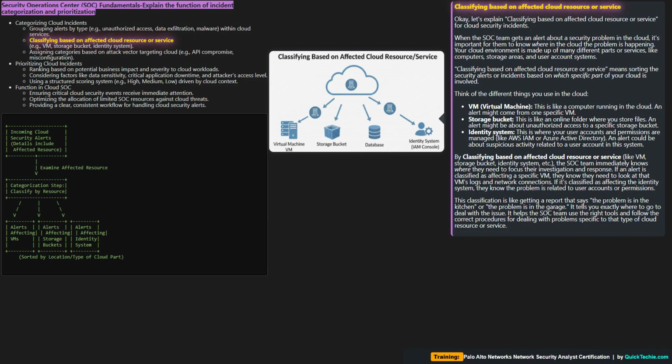If it's classified as affecting the identity system, they know the problem is related to user accounts or permissions. This classification is like getting a report that says the problem is in the kitchen or the problem is in the garage. It tells you exactly where to go to deal with the issue. It helps the SOC team use the right tools and follow the correct procedures for dealing with problems specific to that type of cloud resource or service.